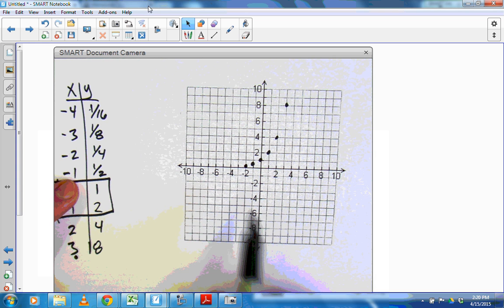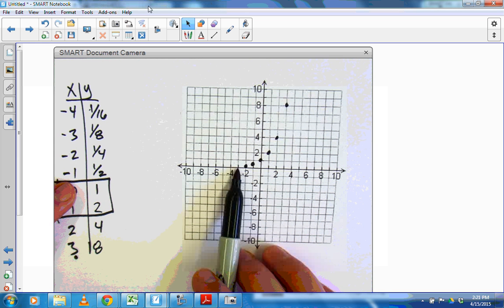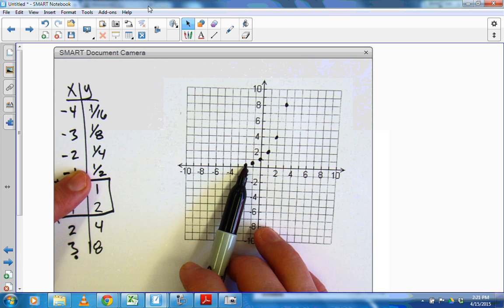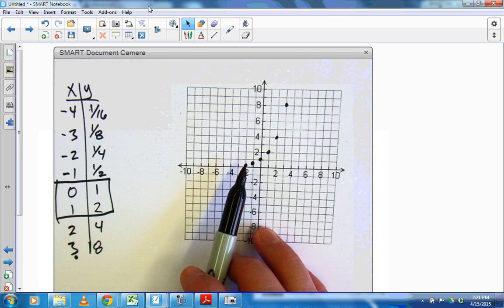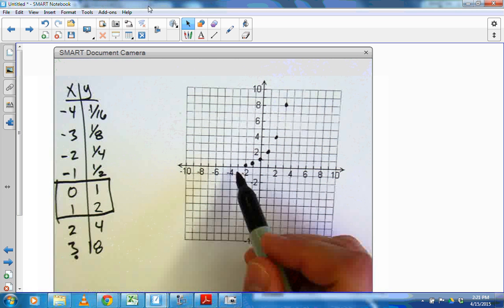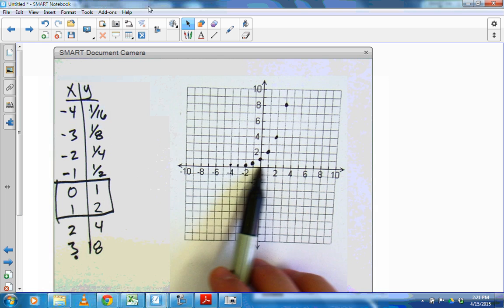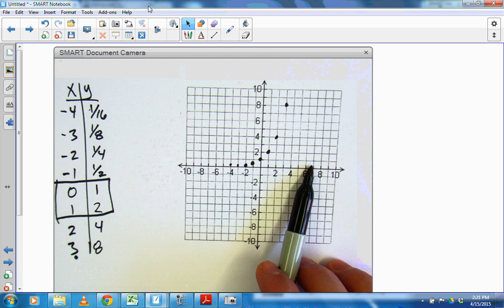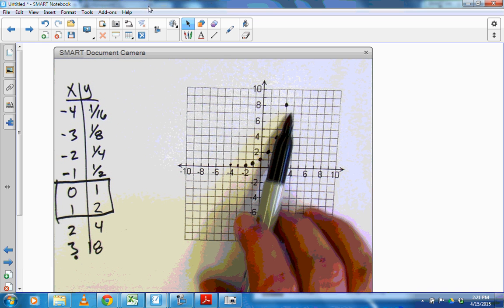And here's where it gets really hard to start graphing it, because what do you notice about these numbers? 1/8 would be half of halfway again, right? We just keep halving, don't we? And so when we keep halving, it's going to get closer and closer to 0.